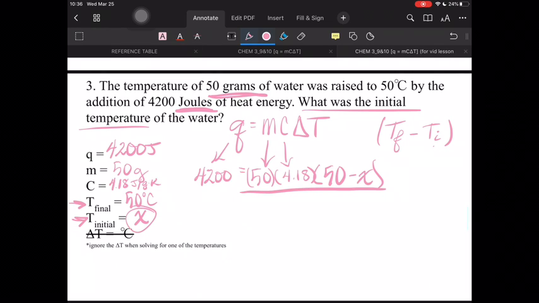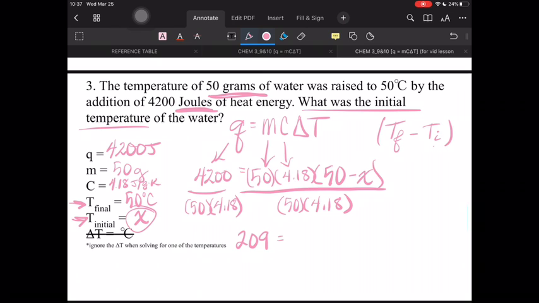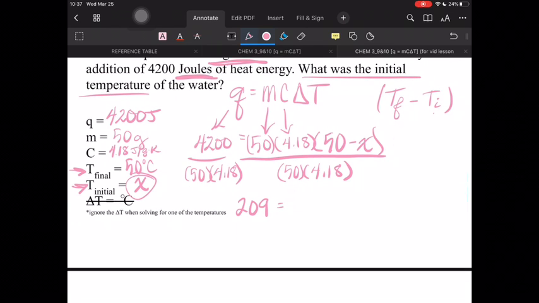Divide both sides. That will give us 209.